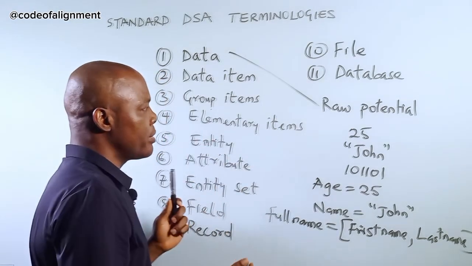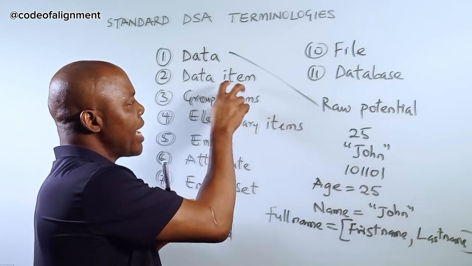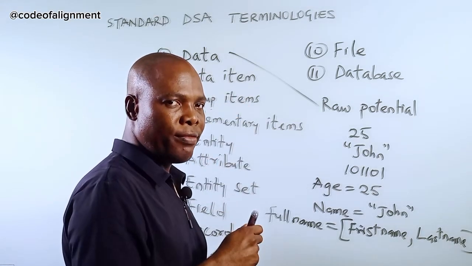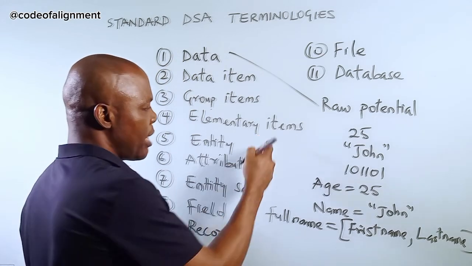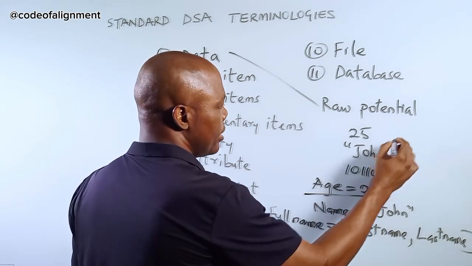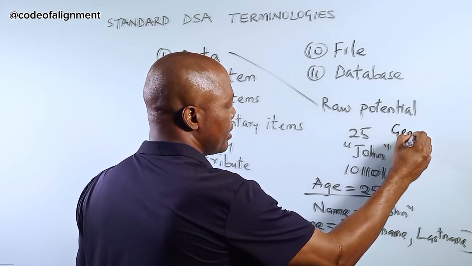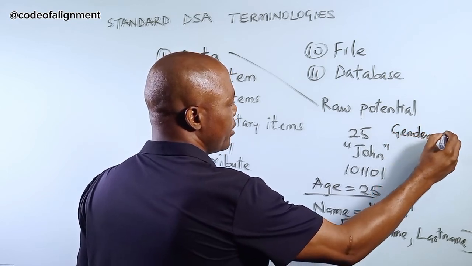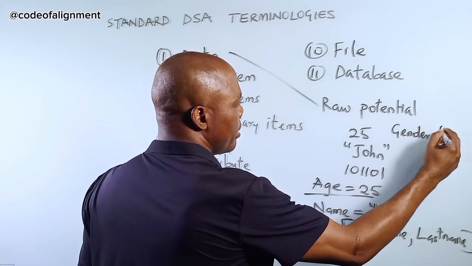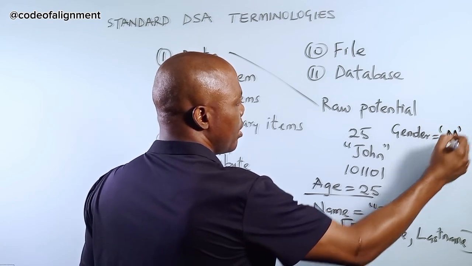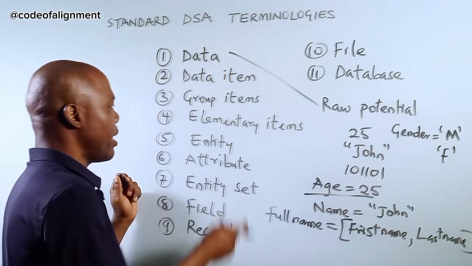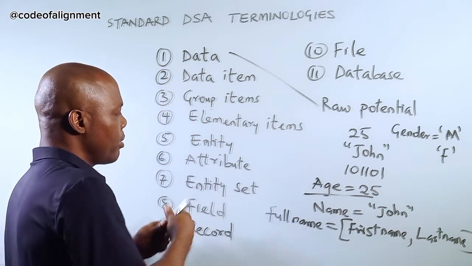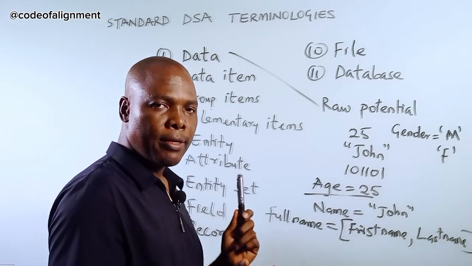Now, elementary items. These are data items that cannot be further divided. So these are the atoms of data. Examples are age and gender. For gender, you have male or female. You cannot divide it further. That is elementary items.